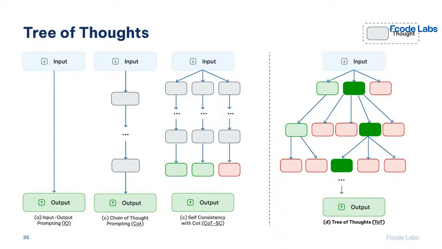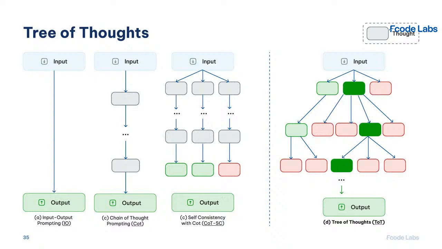And then self-consistency, where we run the COT multiple times and get the best answer. Also, there is another method called tree of thought, where we break the chain of thought into multiple steps. In the chain of thought example, the process was divided into multiple steps inside the LLM, and the LLM executed that internally and gave us the output.